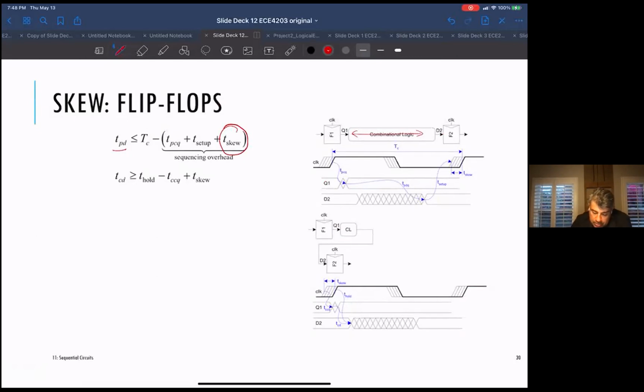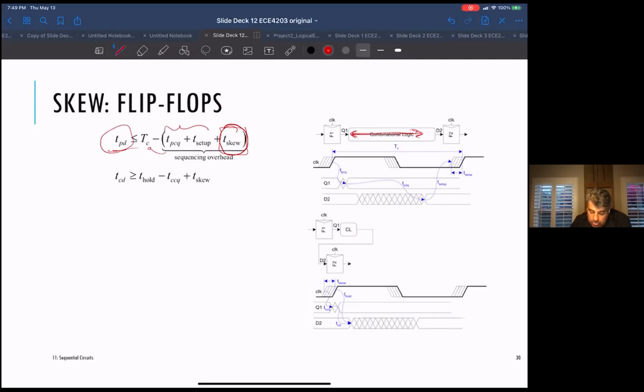Before we just had this as what we're subtracting. Now we have to add the skew. And notice what this is doing. This is saying that you can do even less in this combinational circuit. Whatever this uncertainty is and the arrival time of the clock across your whole chip is eating into your timing budget for the maximum amount of time.